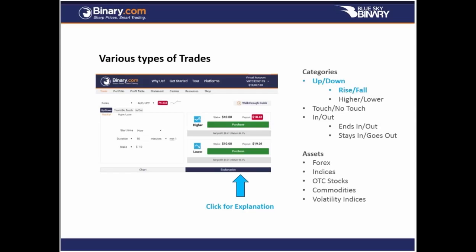So let's just have a quick overview of the categories and assets first. We have up and down, and in that category we have rise and fall and higher lower. Then we have touch and no touch, and we also have in and out options. And in that category we have ends in or ends out, stays in or goes out.